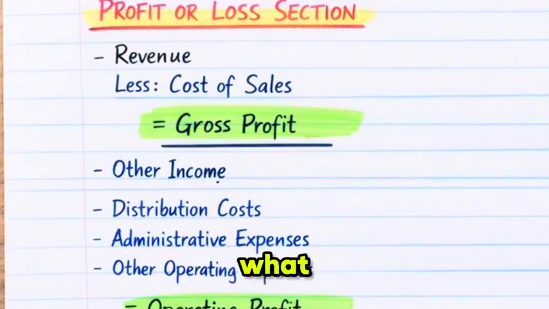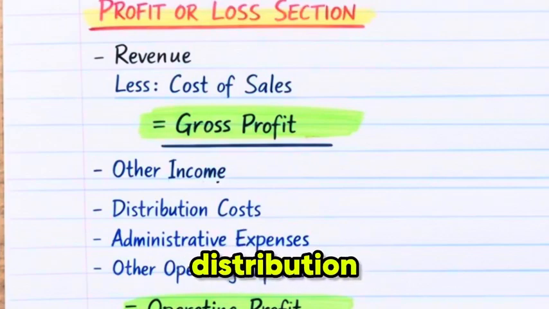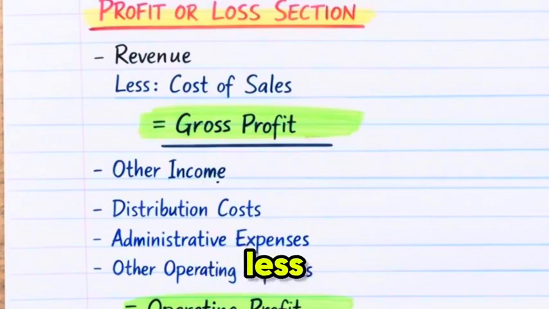After the gross profit, what next? You have other income. If you have other income, you will add it to the gross profit. If there is no other income, you move ahead. Then you get to distribution costs. Distribution cost is a deductible. It is to be removed. You less it.